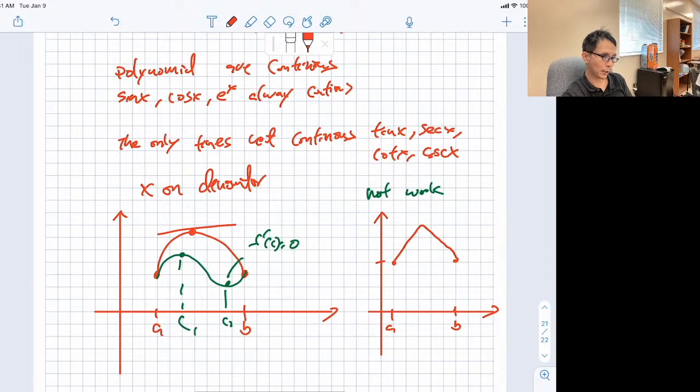The slope here is positive, not 0. The slope here is negative, not 0. The slope at the point is undefined. So you have to have differentiability in place. This is not differentiable, so Rolle's theorem does not work.